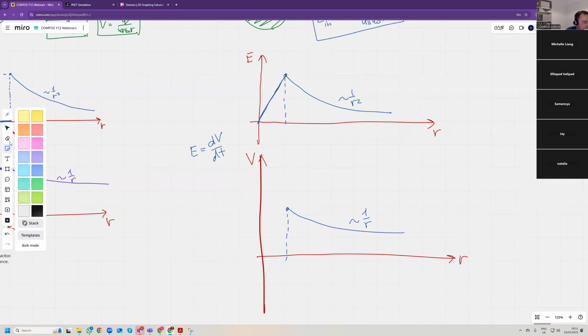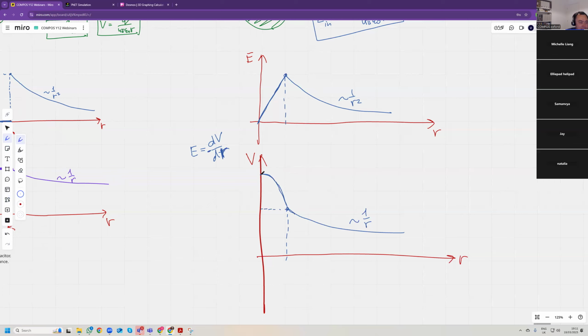That means dV/dr is positive. So it's not going to be like that. First of all, it's minus. It's minus dV/dr. And because it remains positive, so it goes like this. That makes much more sense.